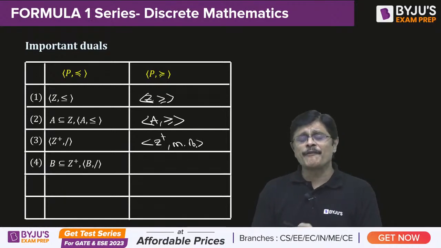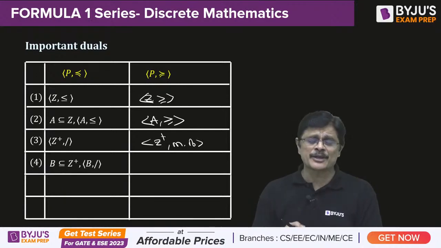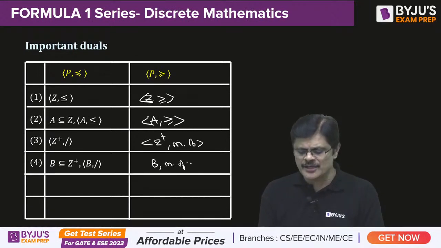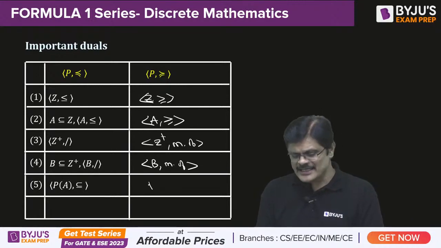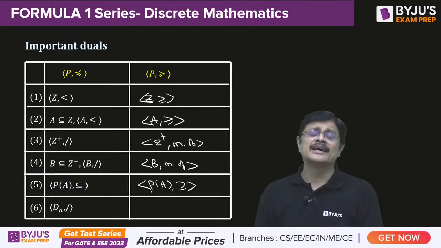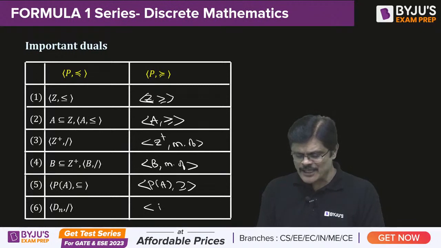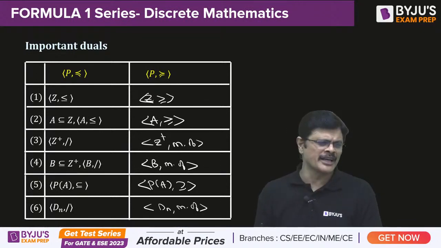Any subset of the set of positive integers with respect to division is a poset. The same set with multiple of relation is also a poset. And power set with subset is a poset. The same power set with superset is also a poset. And the set of positive divisors of n with division is a poset. The same set of positive divisors of n with multiple of relation is also a poset, my dear friends.